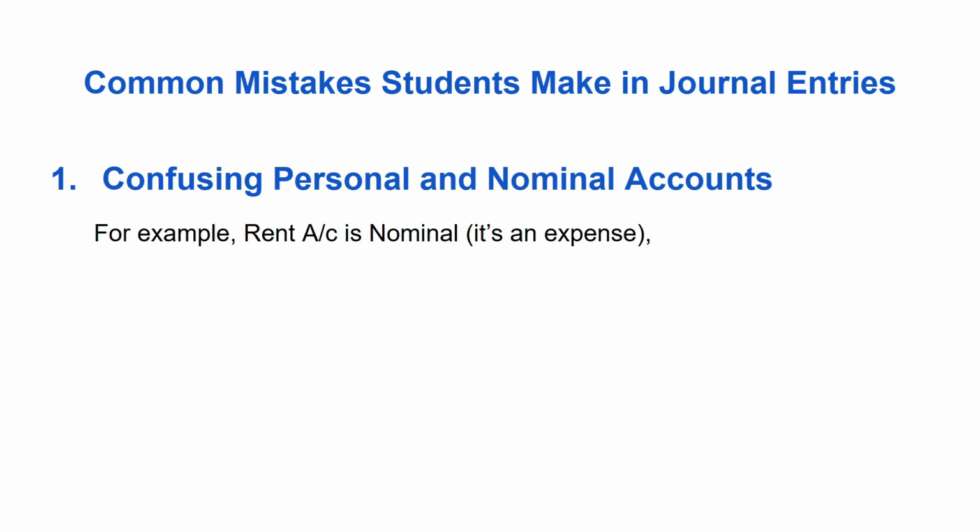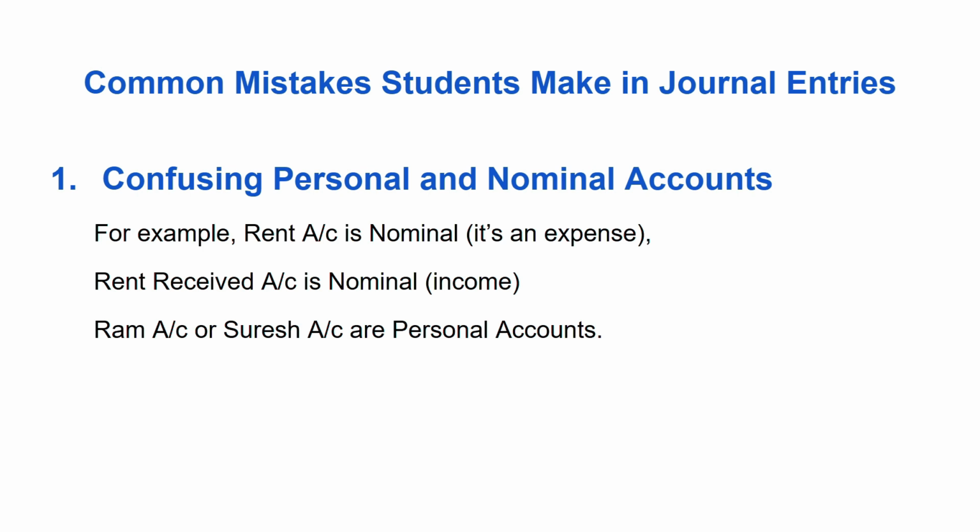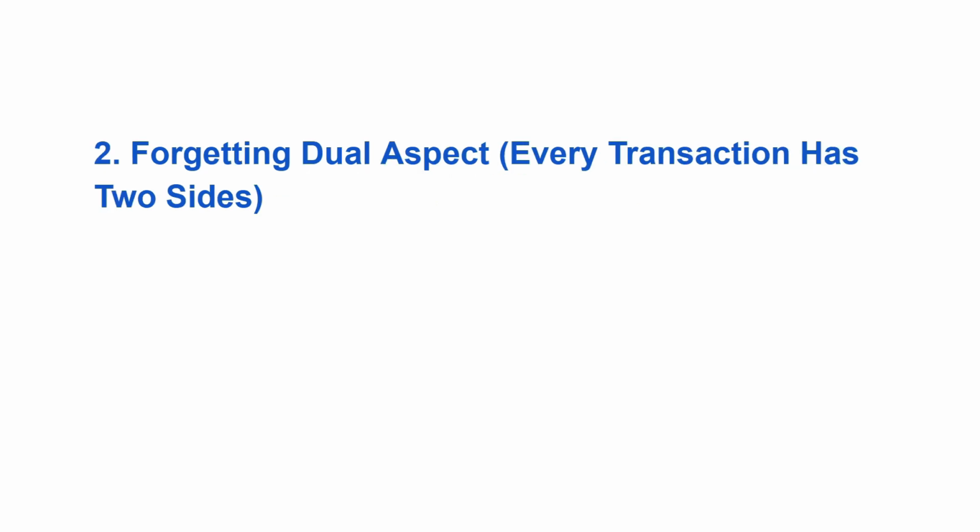For example, rent account is nominal because it is an expense. Rent received account is nominal because it is income. Ram account or Suresh account are personal accounts because they are the names of people. So always ask yourself, is it a person or an asset or an expense or income? It helps you to pick the right rule.